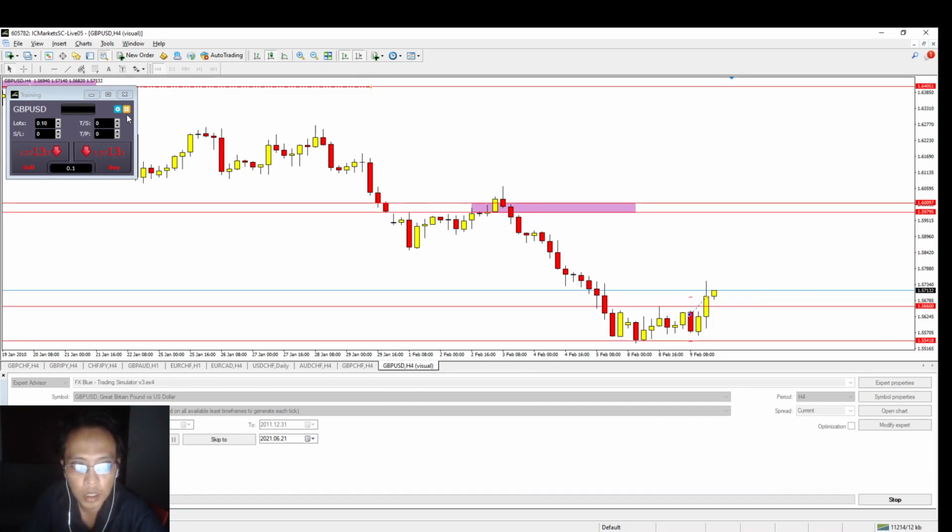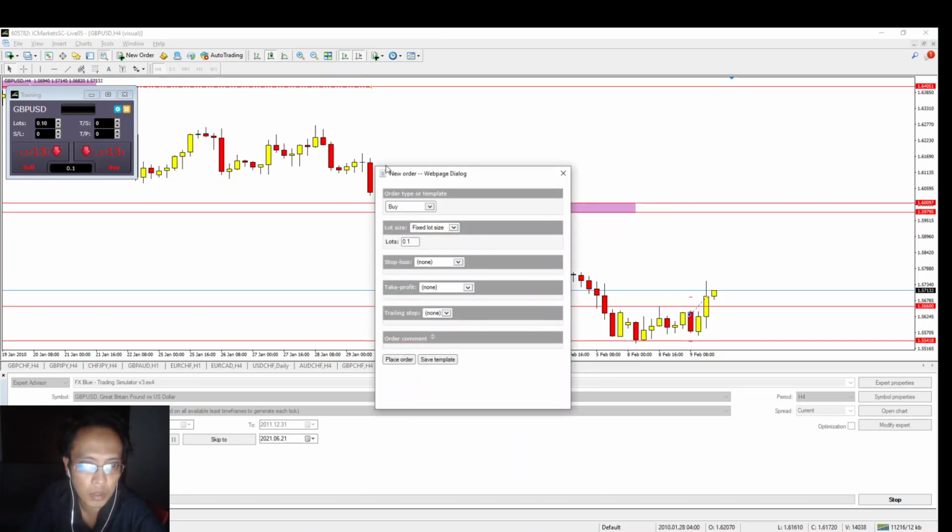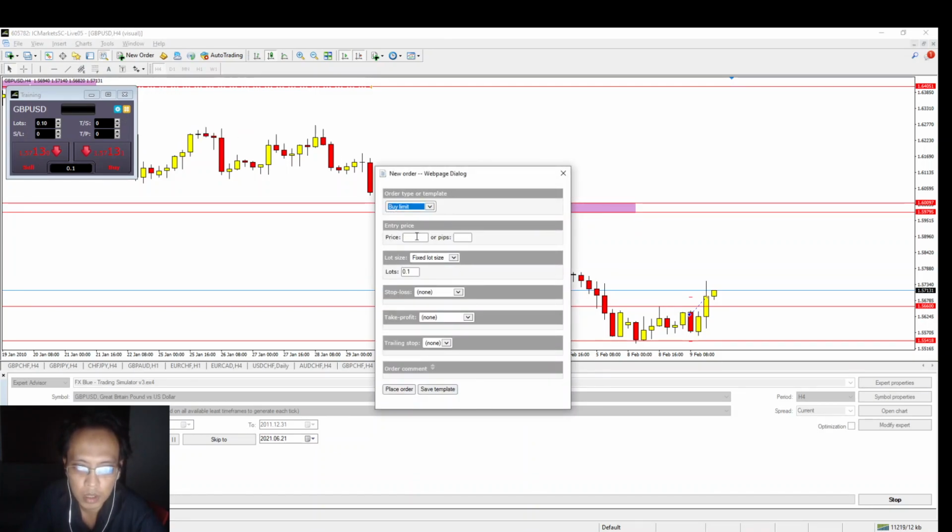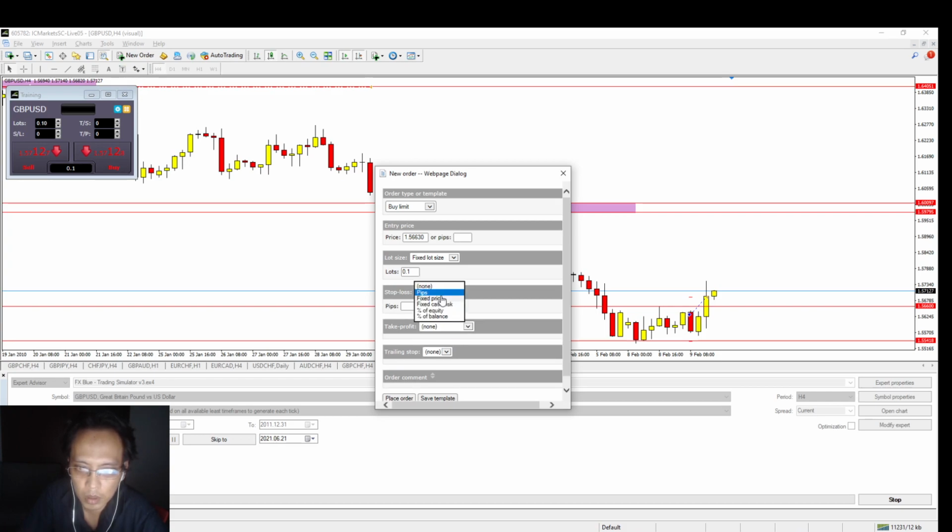You can set your limit order at 1.56600, let's just assume 1.56620, then stop loss at a fixed price, 1.55400. This is just a demonstration, it doesn't mean you must, because your stop loss is very far.